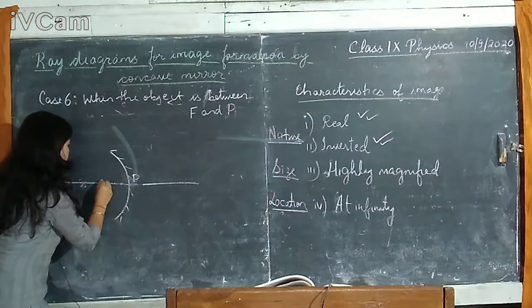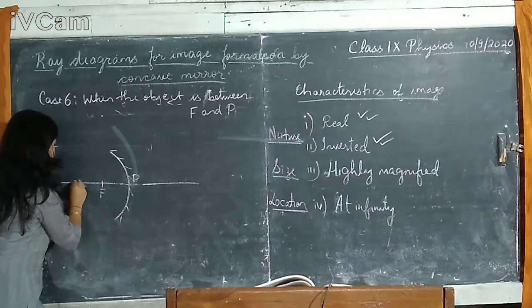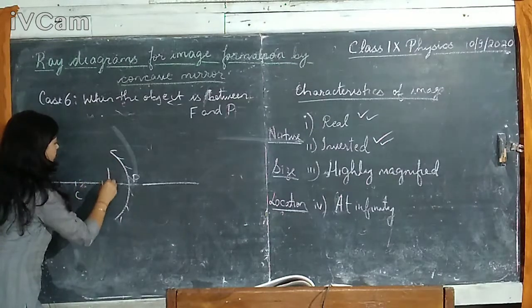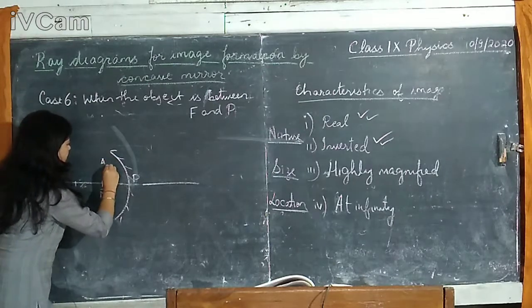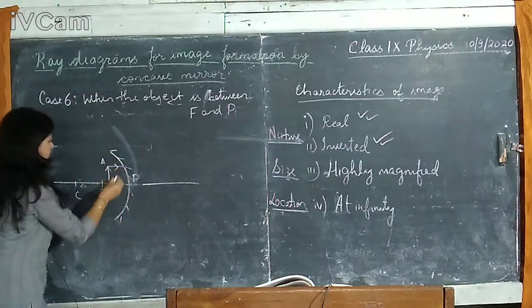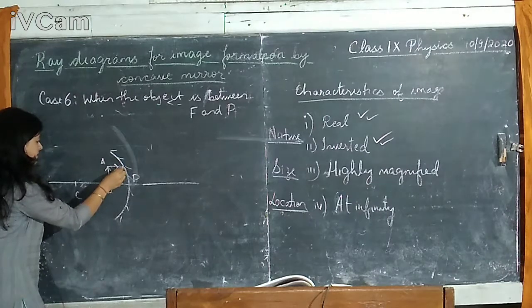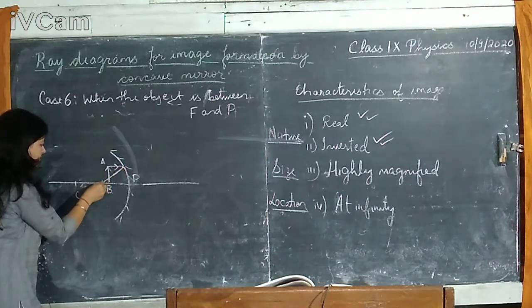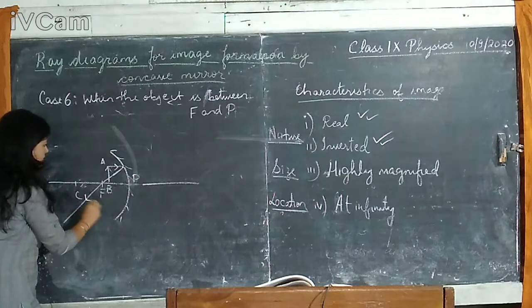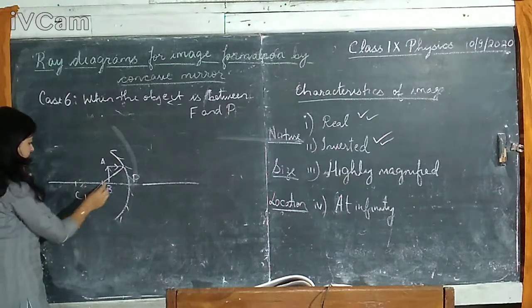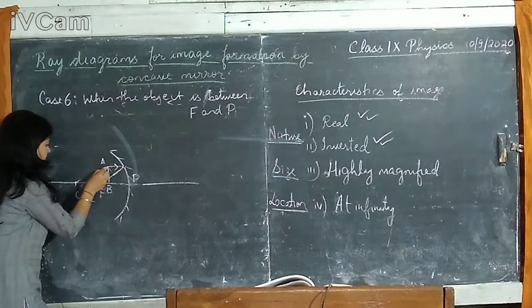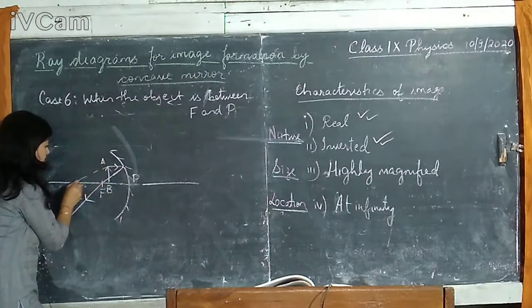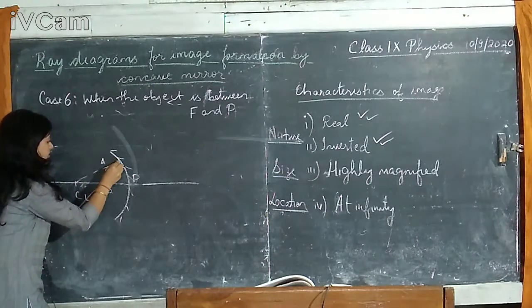The pole, focus, center, and the object is here, AB. Ray number 1, parallel, it will obviously cross the focus, not a problem here. Ray number 2, like we had taken in the previous case, we can't make it cross the focus, but we can make it look as if it is crossing the center of curvature, like this.